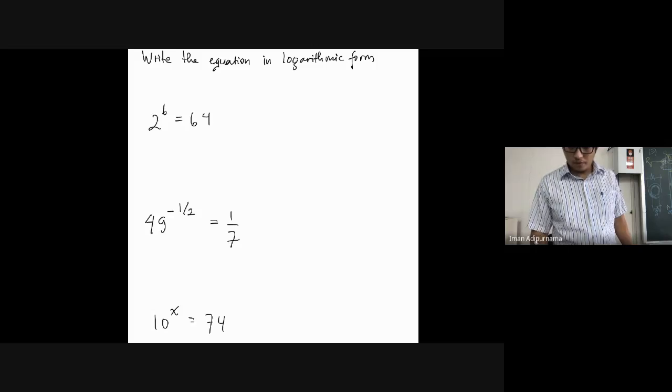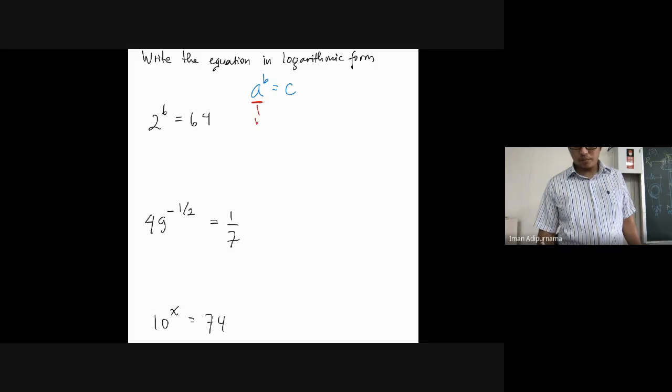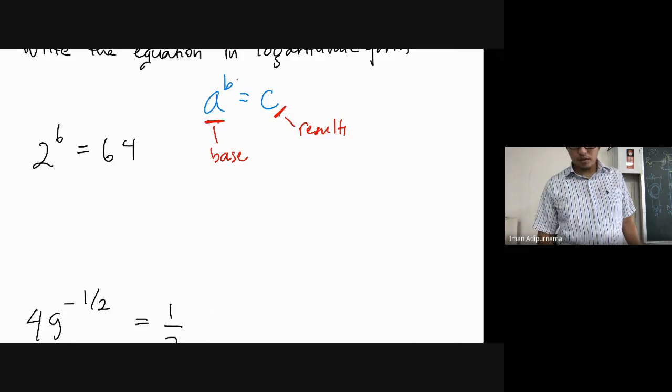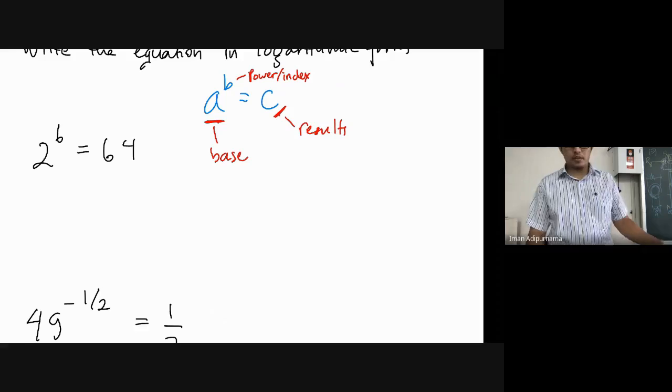Okay, let me write some. If you have this form, we call this the base, this is the result, and this is the power or index. But it depends on the application.